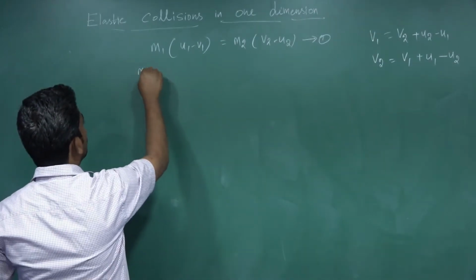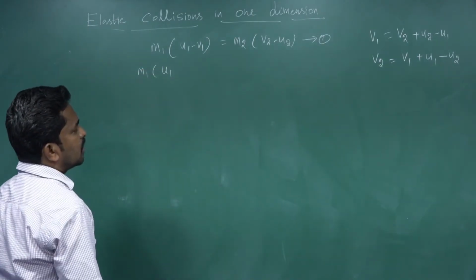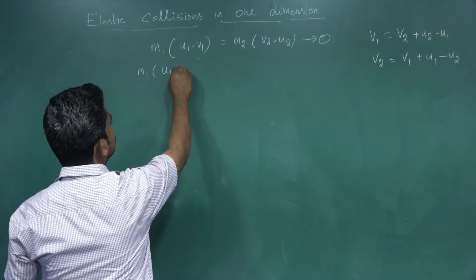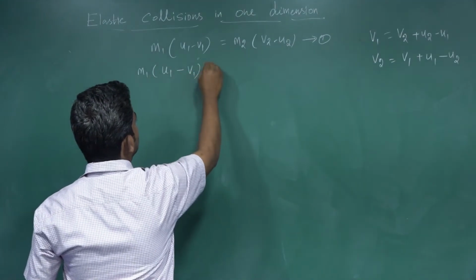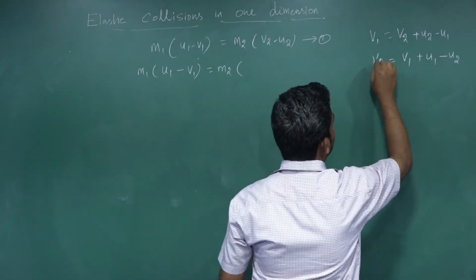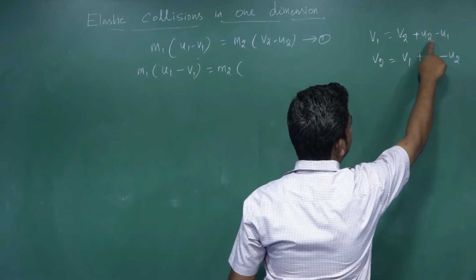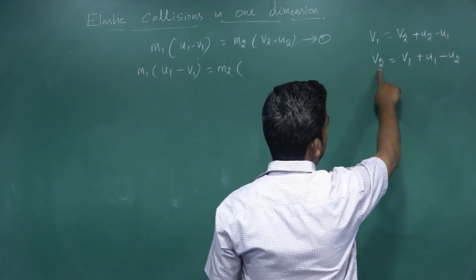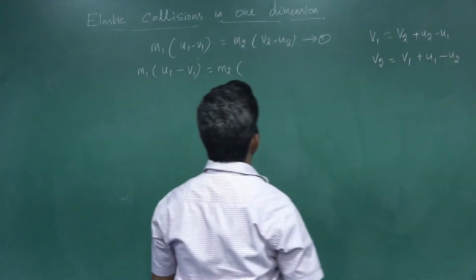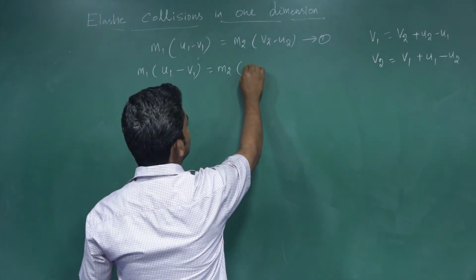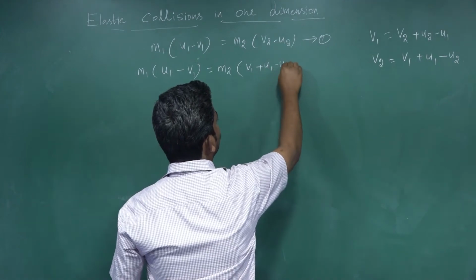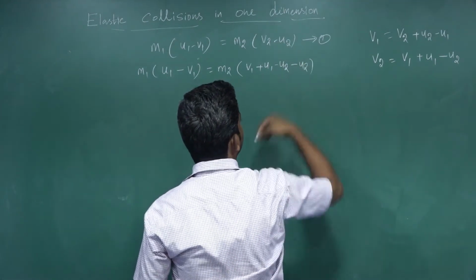First of all, I want to calculate the v1 value or v2 value, any one. m1 of u1 minus v1 is equal to m2 of v2, so substitute the value of v2: v2 is equal to v1 plus u1 minus u2.